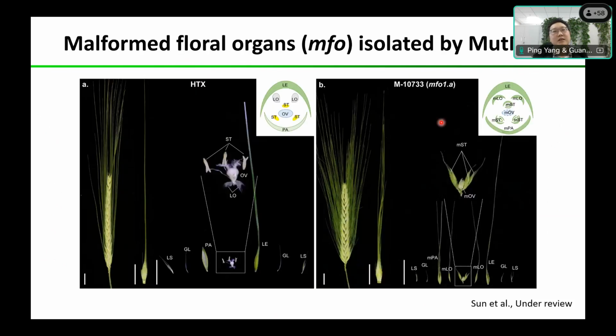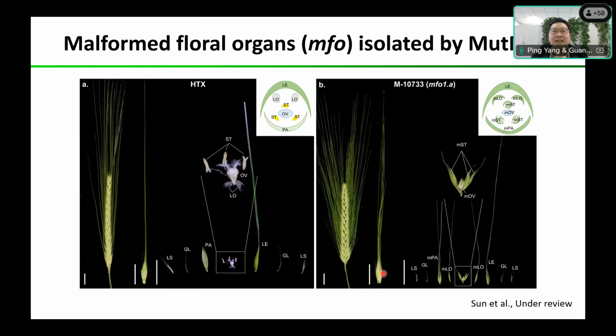The second example is another qualitative trait, which we refer to as muffled floral organs. Basically, this is the MFO phenotype. Compared with the wild type, this mutant shows a multiple-lemma phenotype.